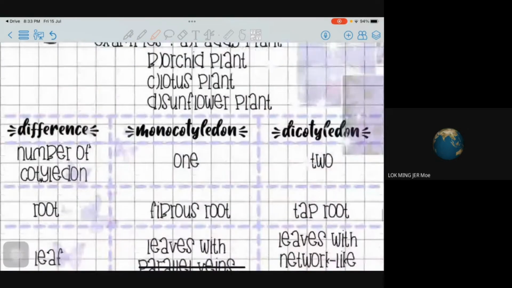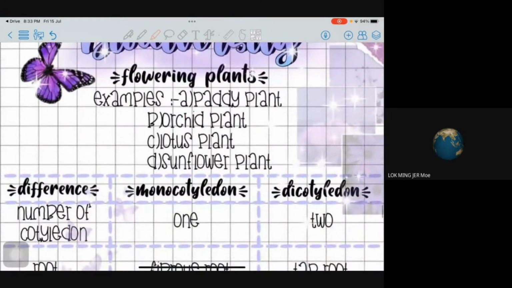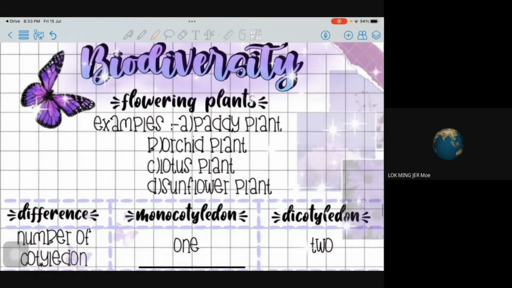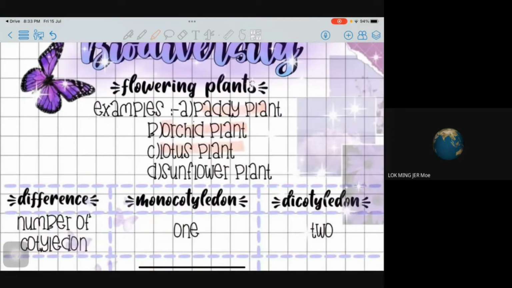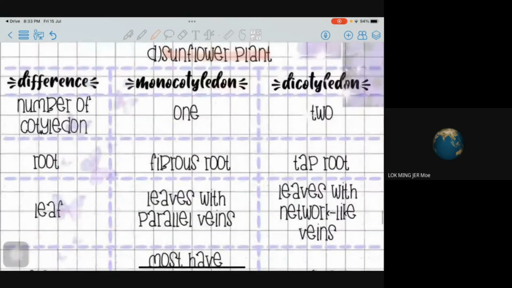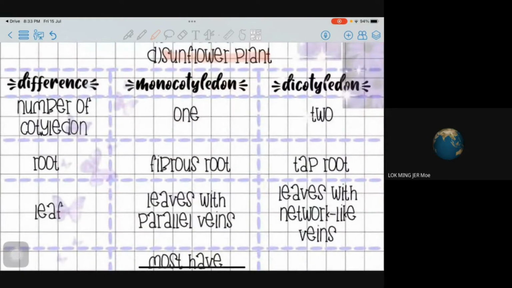So flowering plants, for example, we have paddy plants, orchid plants, lotus, sunflower, and a lot more. The difference between monocotyledon and dicotyledon that is very important is the number of their cotyledon. For monocotyledon, the number of cotyledon is 1. For dicotyledon, the number of cotyledon is 2 or more.